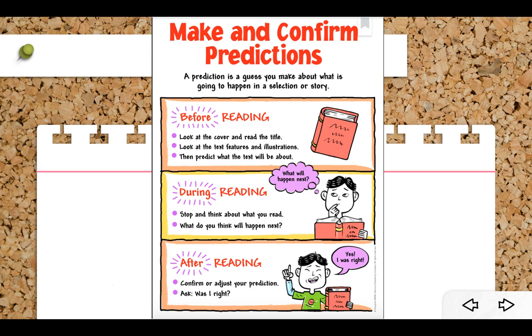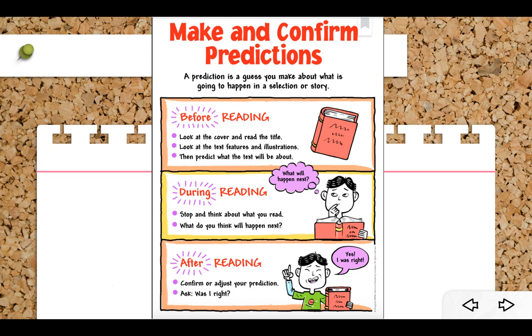As I said before, a prediction is a guess that you, the reader, makes about what you believe is going to happen in a selection or story by using clues from the text. Before reading, you can make predictions about the text you're about to read.